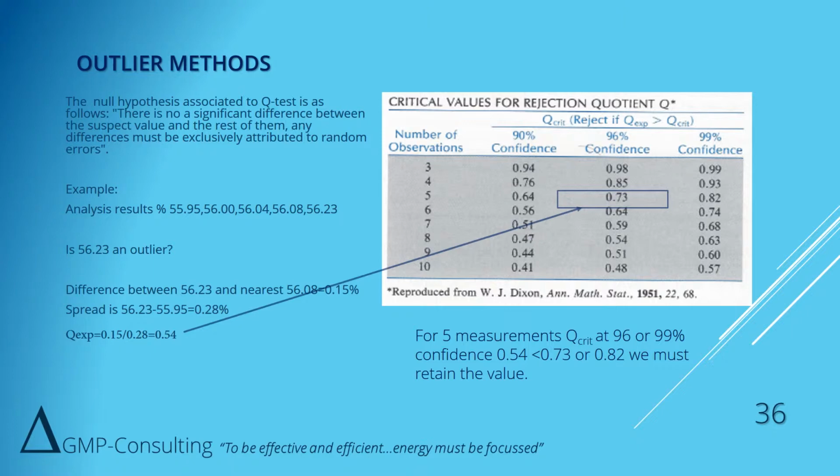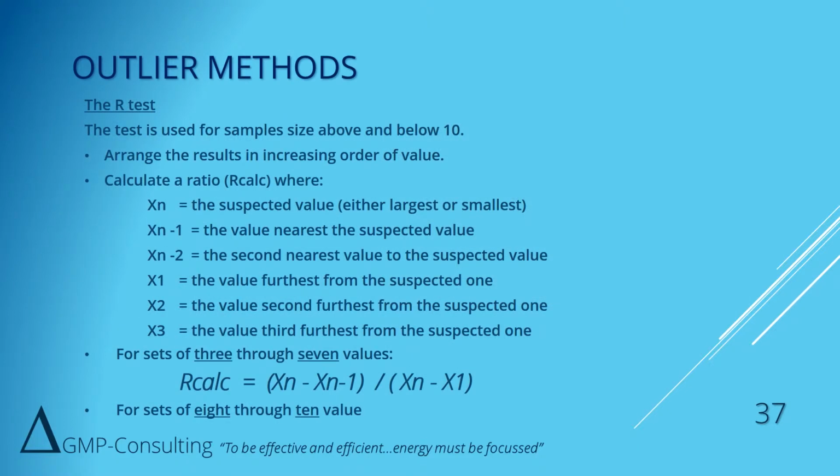The R test, or the Dixon's test, is used more often, and it can be used for different sample sizes, so the table varies slightly as the sample size increases. So using the Dixon's test, you can see here for different sample sizes, the equation changes slightly depending on what range or what differences you're trying to work out, but the use of the table is exactly the same.